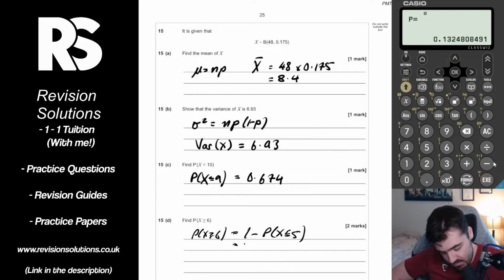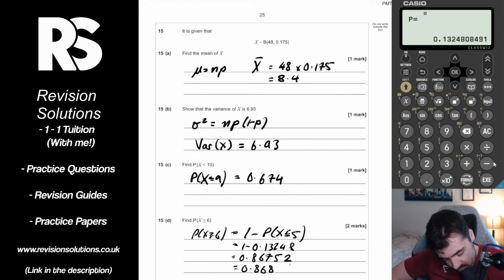So it would be 1 minus 0.13248, which would be 0.86752, or let's call it 0.868 to 3 significant figures.